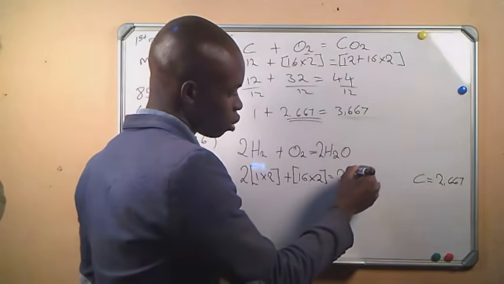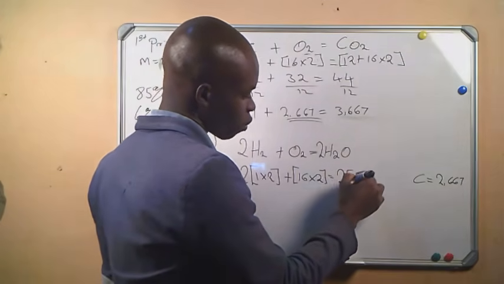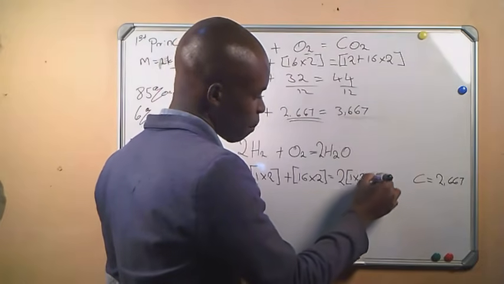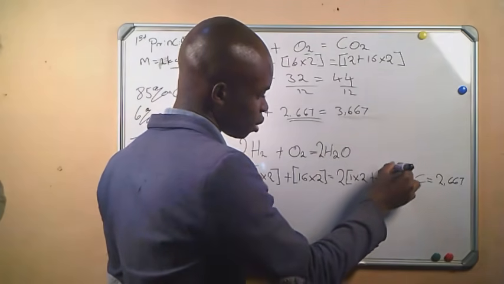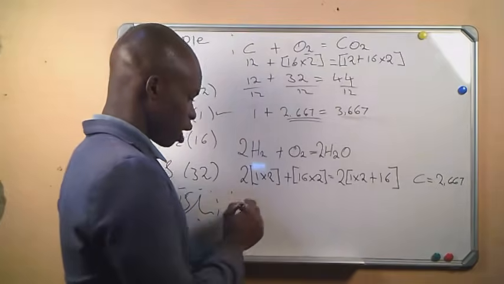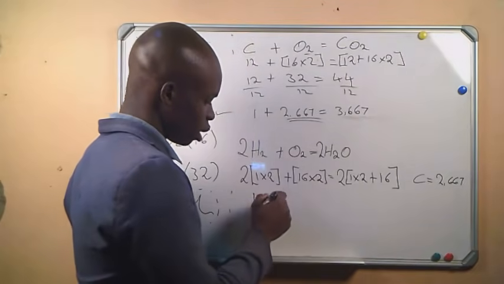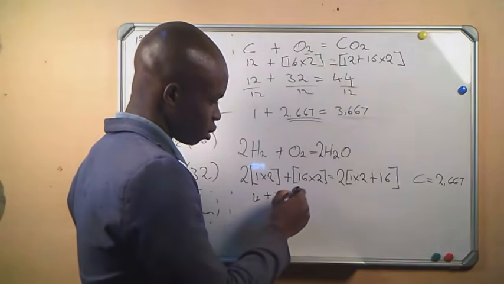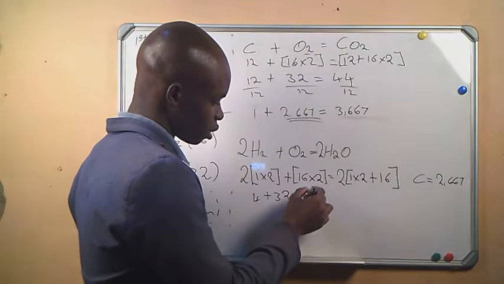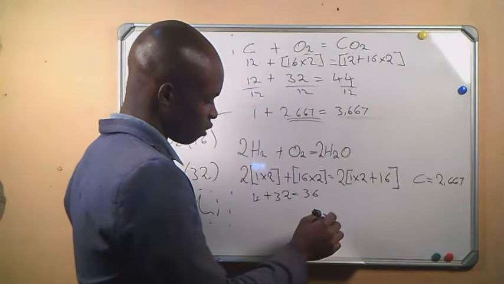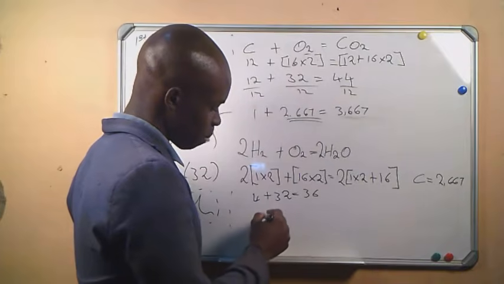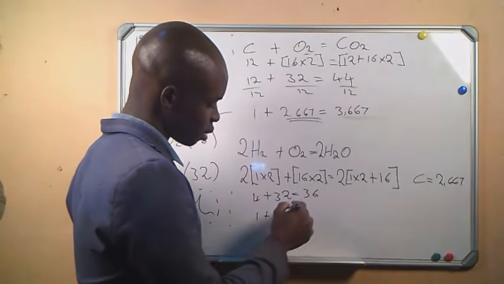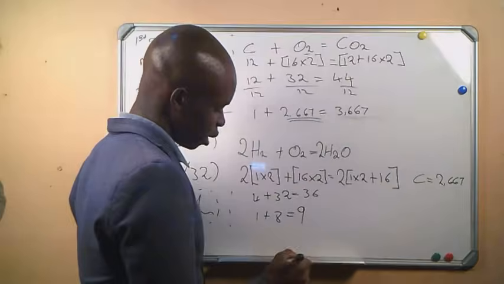It equals 2 into bracket 1 times 2 plus 16. And then here it will give us 4, and here 32, and then there 36. Divide throughout by 4, it will give us 1 plus 8 equals 9.